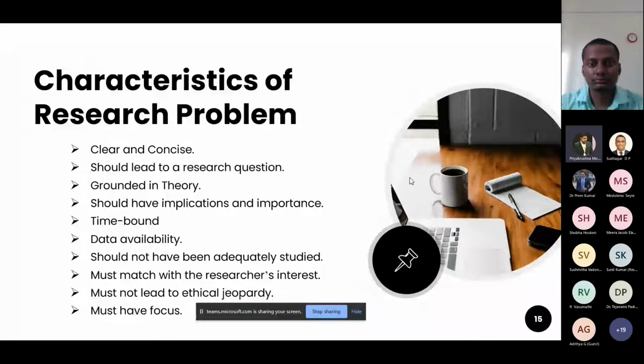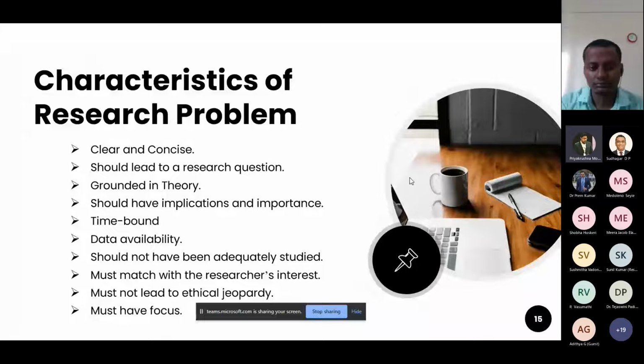Now, when researchers are asked what problem they are working on, many times I see researchers telling me that they are doing research on poverty. So my problem is poverty. Poverty is a very good problem, but it is not concise.